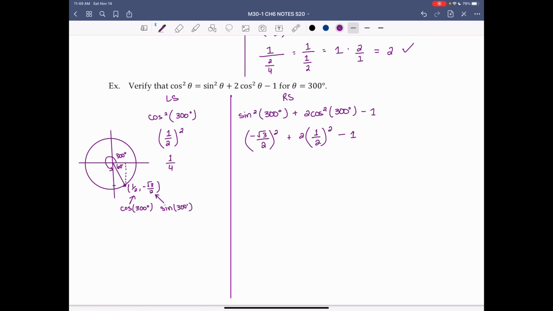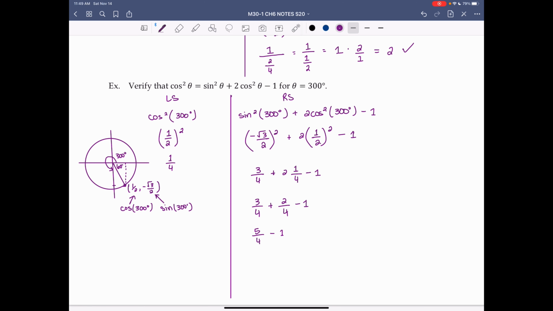Square the first fraction, we get 3/4, plus 2, square the second fraction, we get 1/4, minus 1, which gives us 3/4 plus 2 times 1 is 2/4 minus 1. 3 plus 2 is 5/4 minus 1.